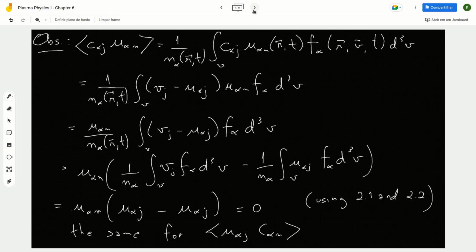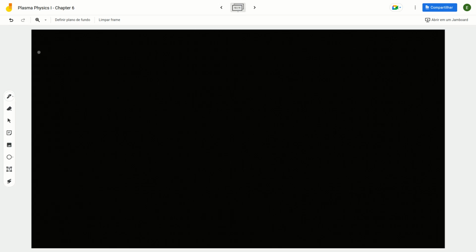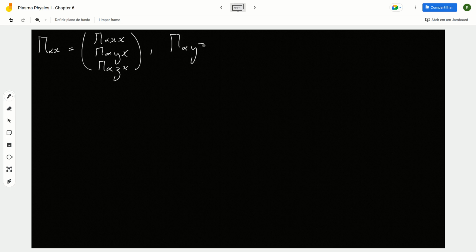Then you have this vector with 3 components, alpha xx, alpha yx, and alpha zx. You have alpha y given by alpha xy, alpha yy, alpha zy.